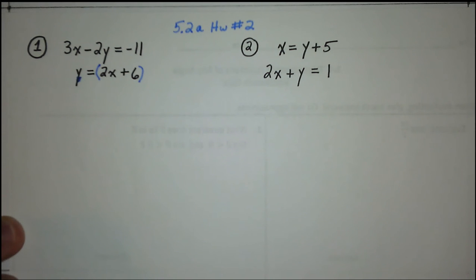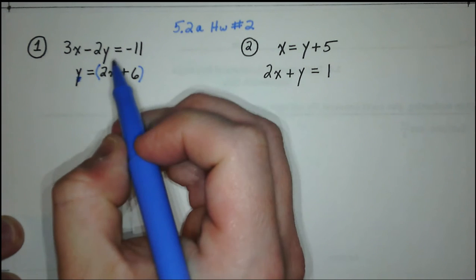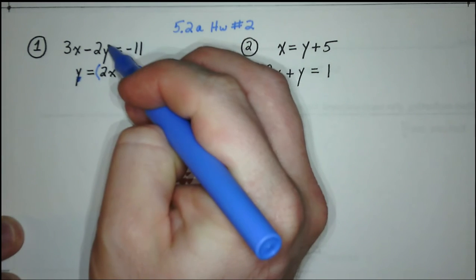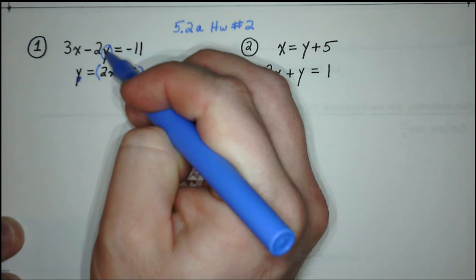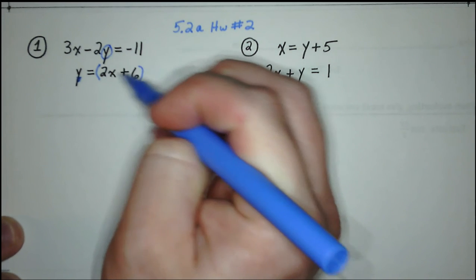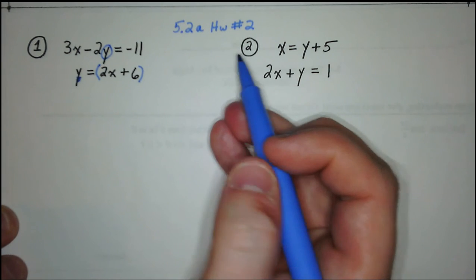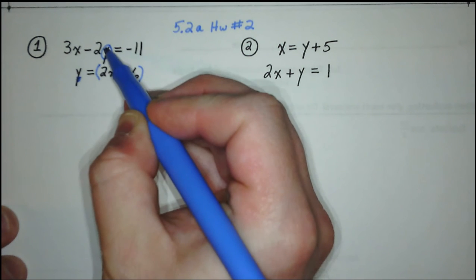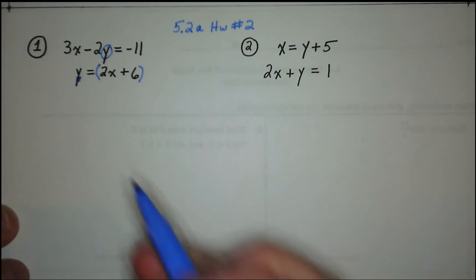I said minus, sorry, 2x plus 6. So y equals this entire 2x plus 6. We're going to take this entire chunk of 2x plus 6 and substitute it in and replace the y up here with that entire bubble, because if y equals 2x plus 6, then y and the whole quantity 2x plus 6 are interchangeable.